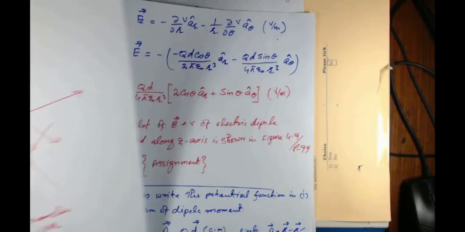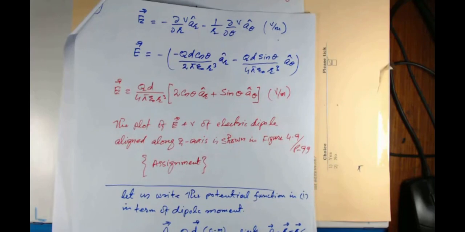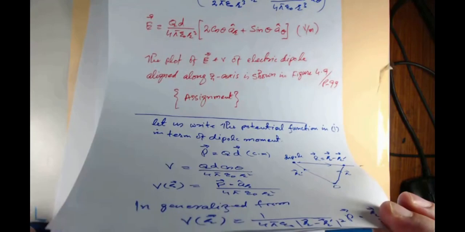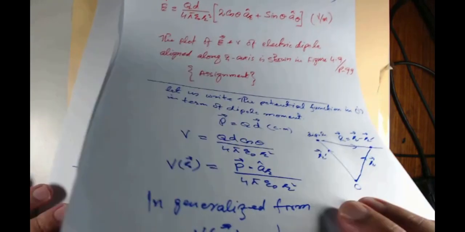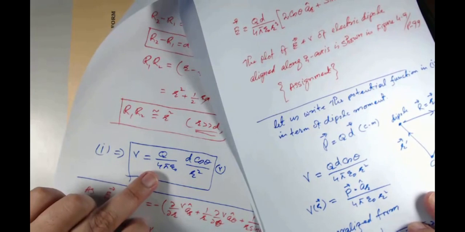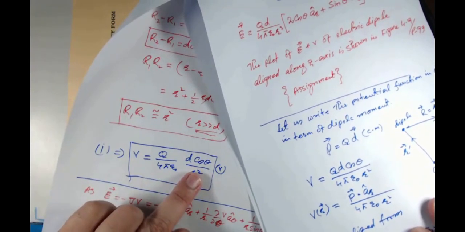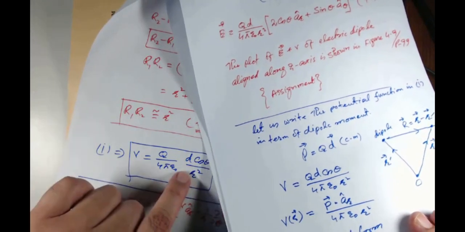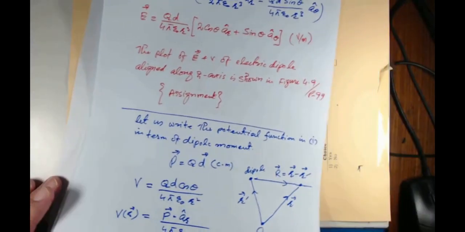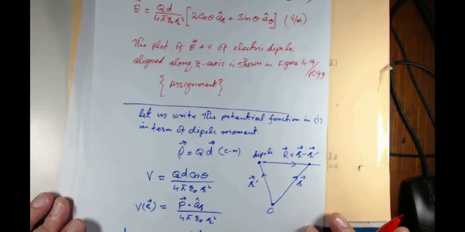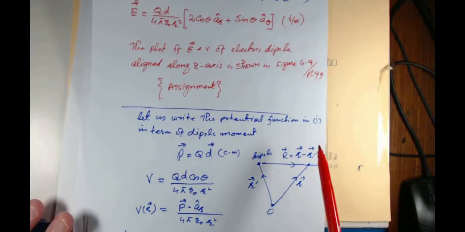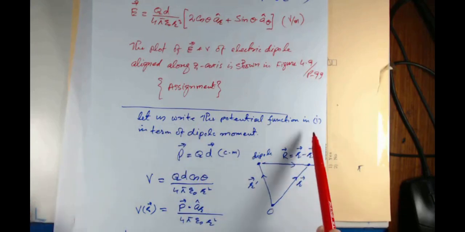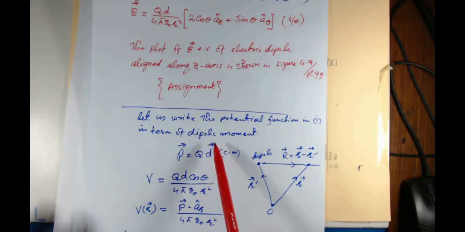So now we are going to write down the resultant electric potential due to an electric dipole in vector form. How do we write the potential function due to an electric dipole in vector form? Let us write the potential function in terms of the dipole moment.